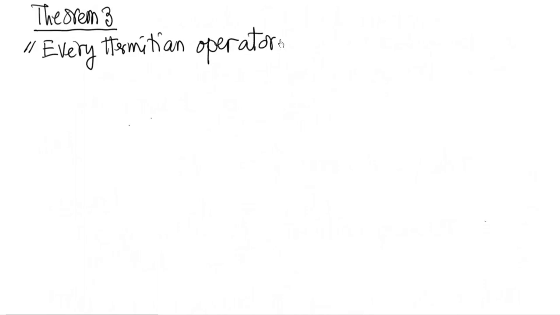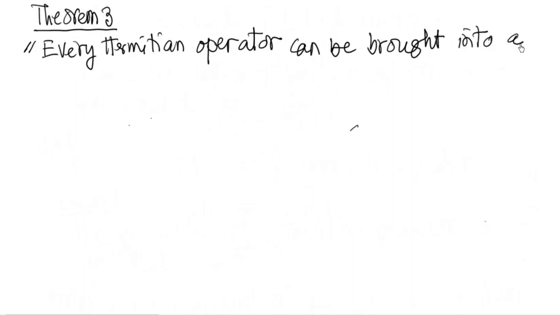Every Hermitian operator can be brought into a diagonal form by a unitary transformation.